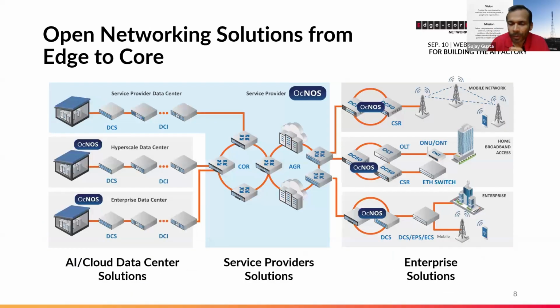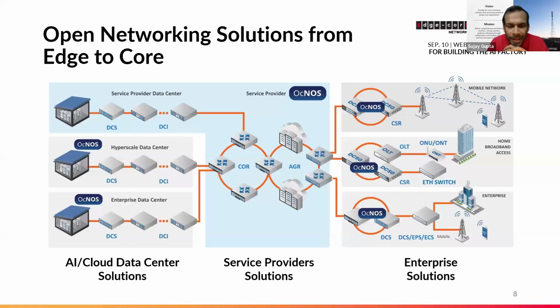So in terms of the product portfolio, as you can see, we cover quite a large group. On the left side, you see we have the AI cloud data center solutions, and this is an area we are going to cover in more detail in this presentation. But that's not the only product line. On the service provider side, we have a range of products from pre-aggregation to aggregation and core.